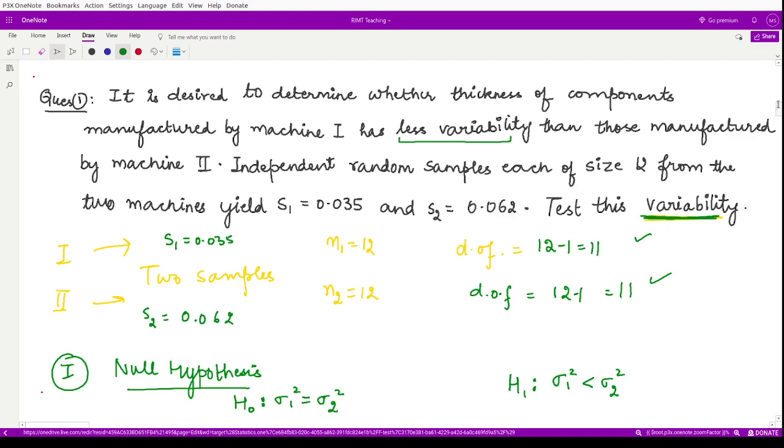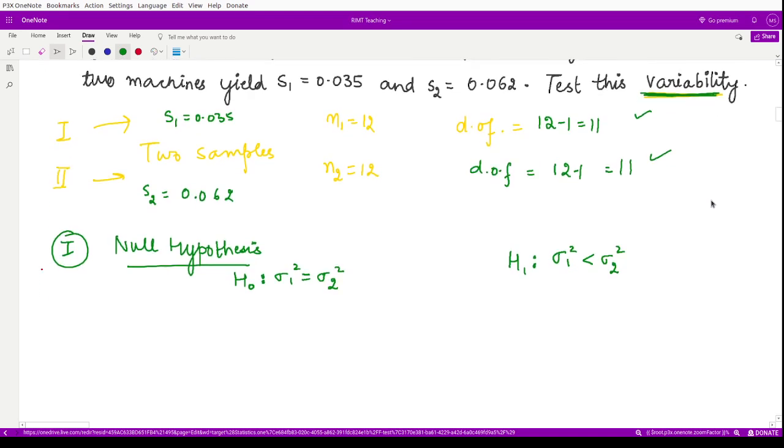According to these hypotheses, next we will compute our F. Now you see which among these two is greater, whether your S1 is greater or your S2 is greater. You see S2 is greater here as compared to S1.